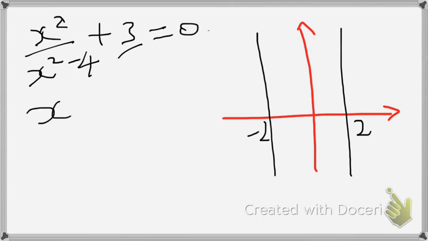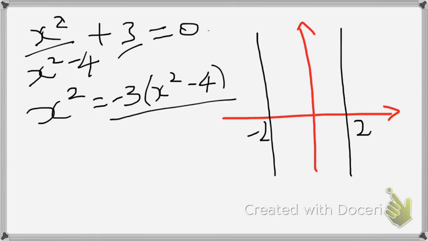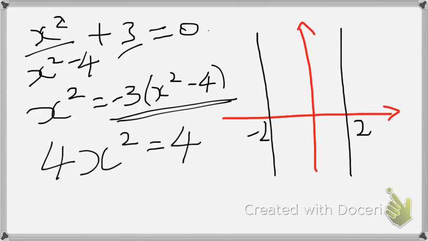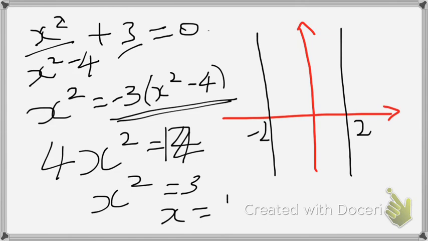So then if I subtract the 3 across and I multiply out the x squared minus 4, I get that, and then I'll expand this and add the 3x squared across, so I get 4x squared equals 12, not 4. So x squared equals 3, so x equals plus or minus root 3. Now root 3 is about 1.73, I think, from memory. So my roots are there and there.